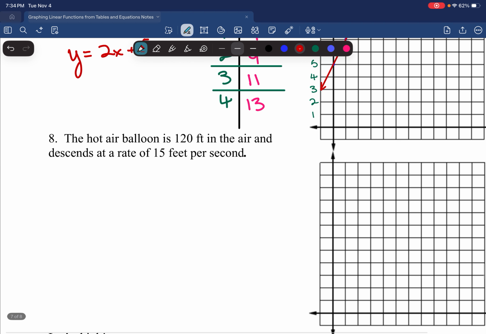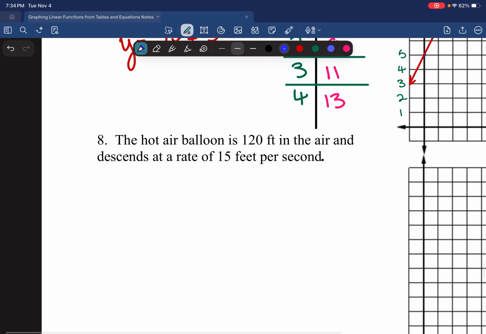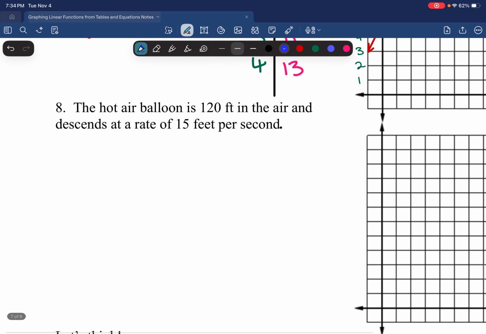Now, for number 8, we're doing the same thing. I want you to try this on your own, but I'm going to just help you get started. So M is going to be negative 15 because it's descending at a rate of 15 feet per second. And my B is going to be 120.